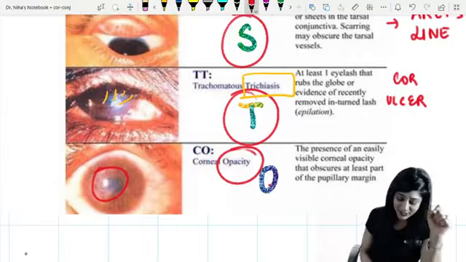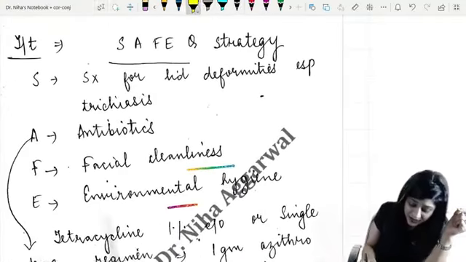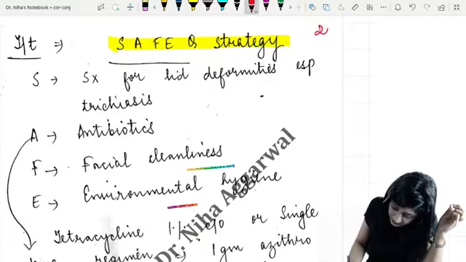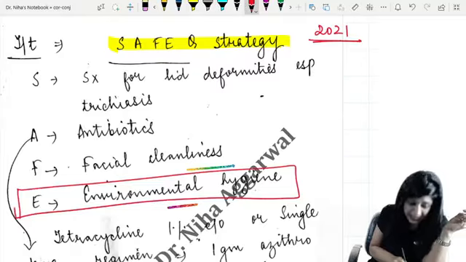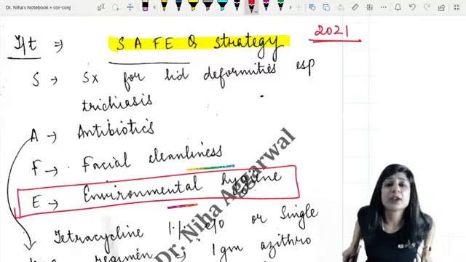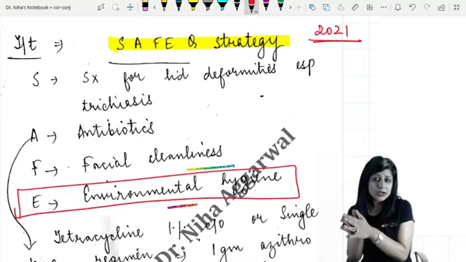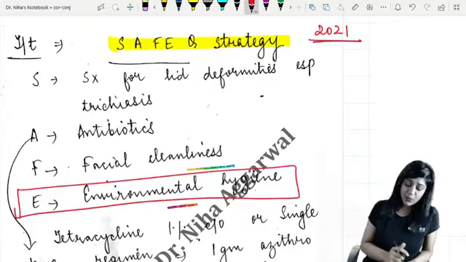Very, very important. Another important aspect is the SAFE strategy. Recently there was a question on this in 2021 also, where they had changed this E and they had asked which of the following is not correct. So this SAFE strategy, which is part of the rural PSM portion of trachoma, again very, very important, is what we are following.